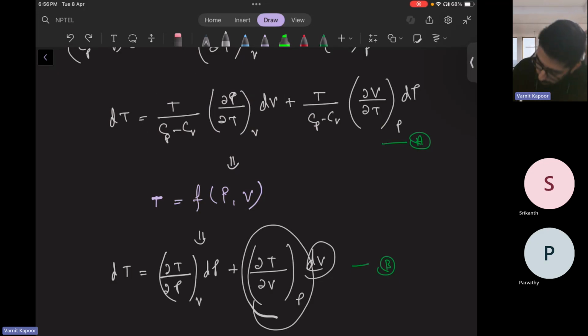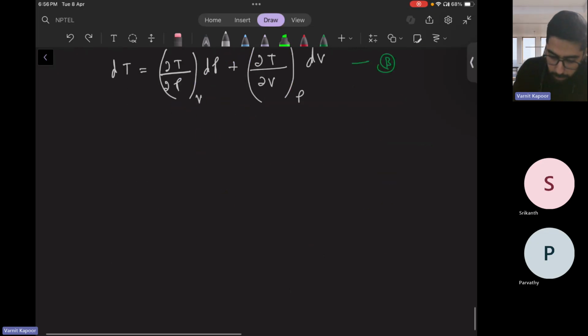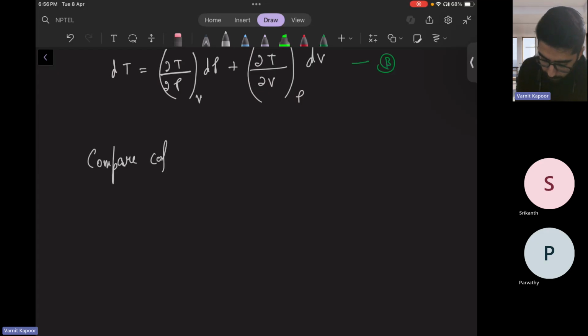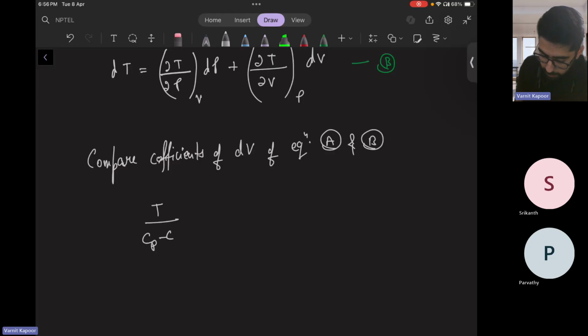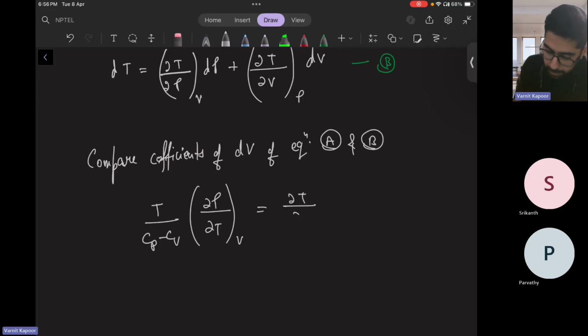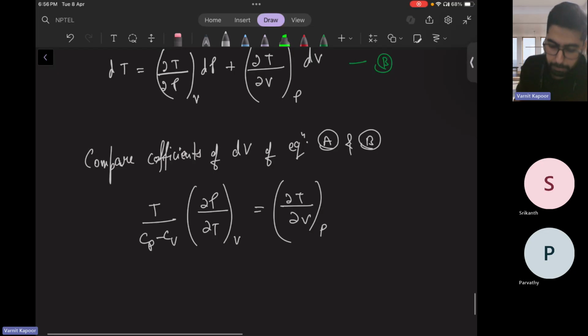On comparing the coefficients of dV of equations A and B, that is T by (Cp minus Cv) times dou P by dou T at constant volume is nothing but dou T by dou V at constant pressure.